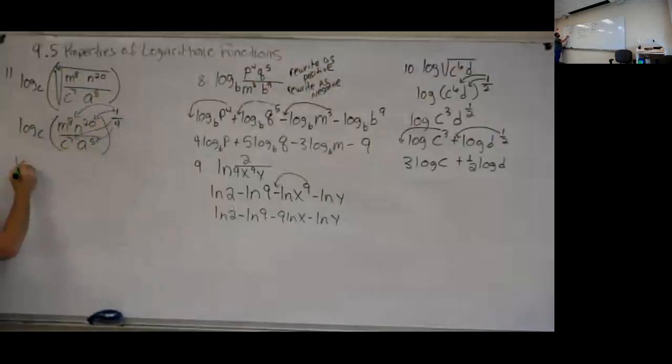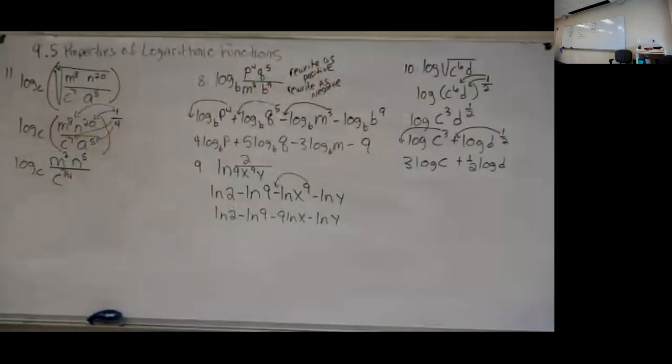So I'm going to get log base C. Well, 8 times 1/4 will give me M squared, right? 20 times 1/4 will give me N to the 5th. Basically, when you multiply by 1/4, you're just dividing those numbers by 4. Oh, 7 won't divide by 4, so that's going to stay C^(7/4).